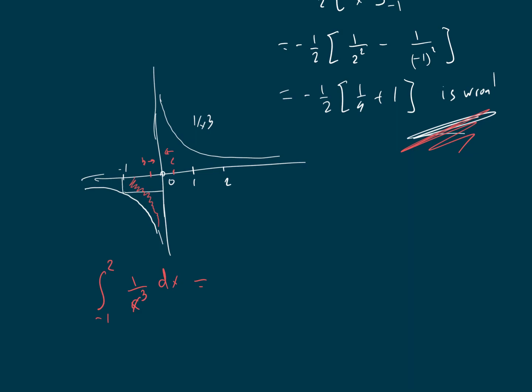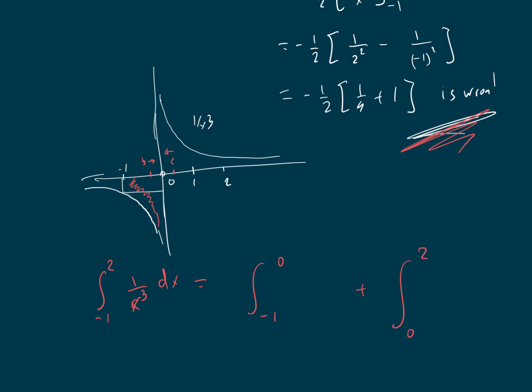You are jumping over the discontinuity. You don't know what is happening at the discontinuity. So it is the limit when you split the integral into two integrals. In the first one, you are going to find from minus 1 to 0, and in the other part, you are going to find from 0 to 2.